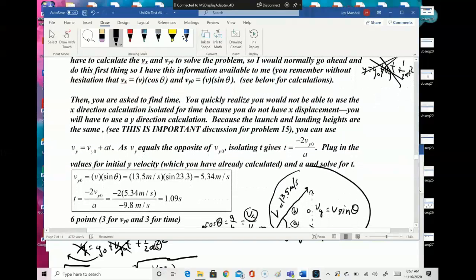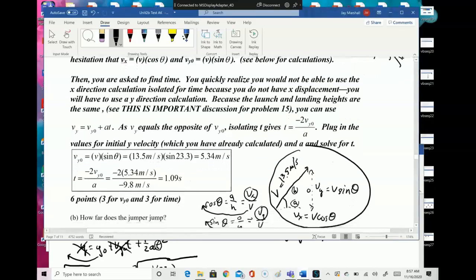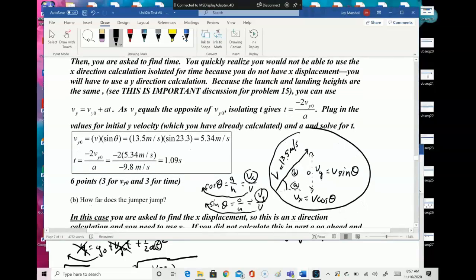So you quickly realize you would not be able to use an x direction calculation because you have no x displacement, right? You haven't been told how far you're going. So you're still going to have to use a y calculation. And in this case, we're going to have to use this formula, okay?